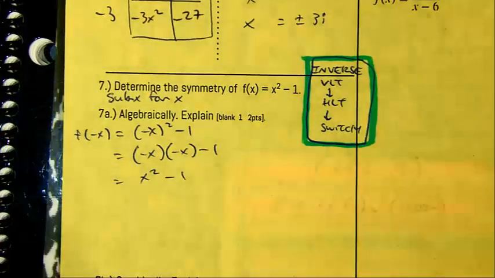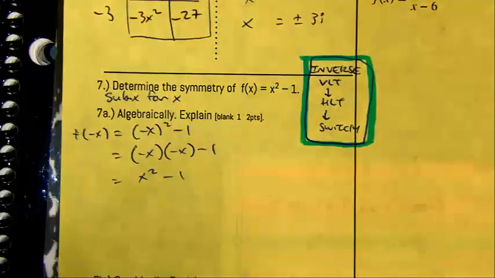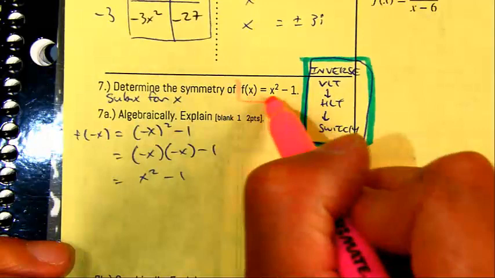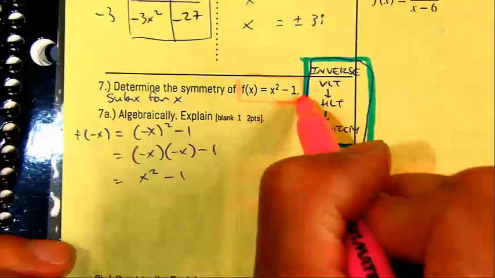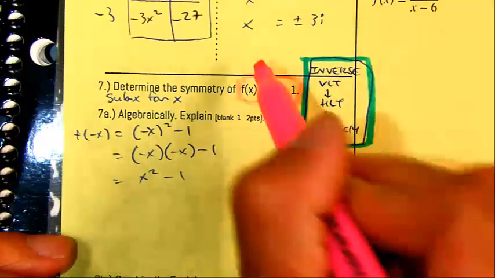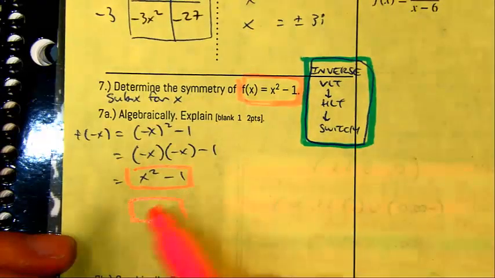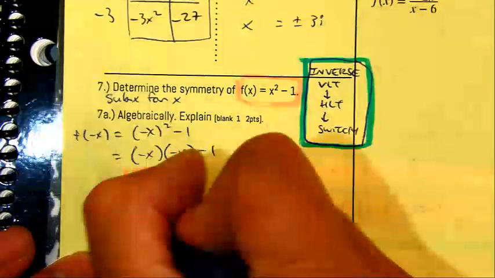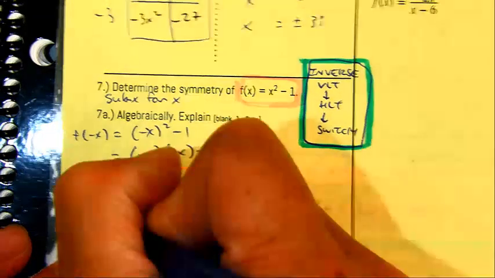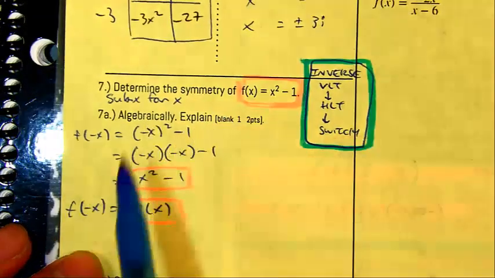And every time you see f of x, you can write x squared minus 1, or if you see x squared minus 1, you can write f of x. So I see x squared minus 1. Instead of writing that, I'm going to write f of x. What does this mean? When I substituted negative x for every x, I get the original problem.